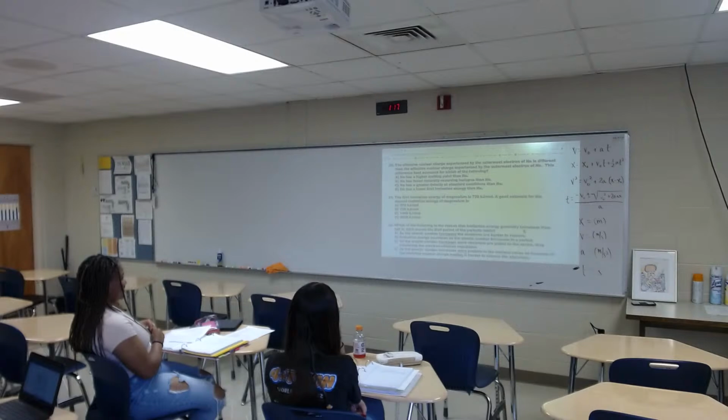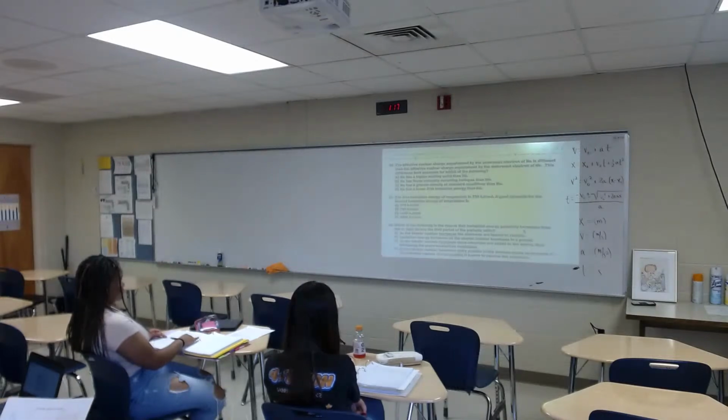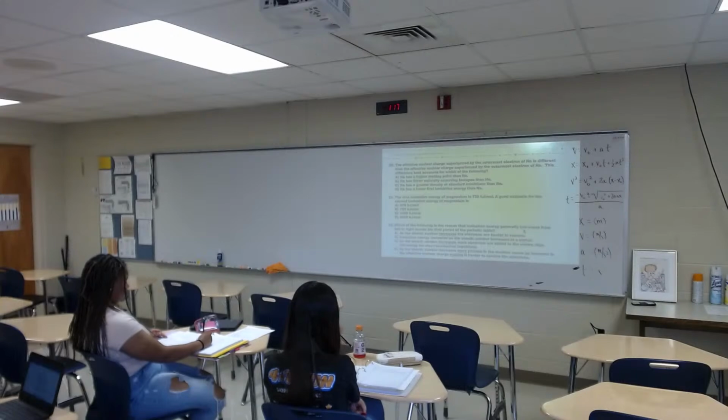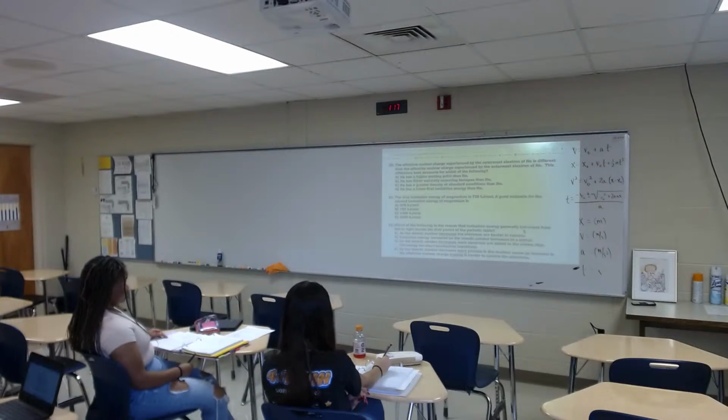The effective nuclear charge experienced by the outermost electron of sodium is different than the effective nuclear charge experienced by the outermost electron of neon. This difference best accounts for which of the following? It doesn't have anything to do with their melting points, isotopes, or density. It has everything to do with sodium having a lower first ionization energy than neon. Answer is D.